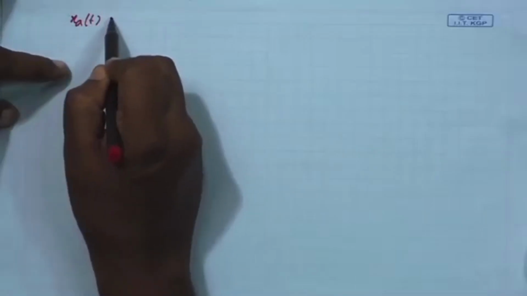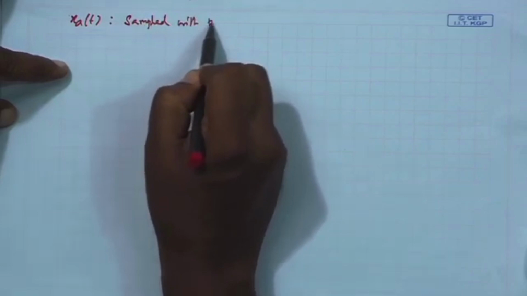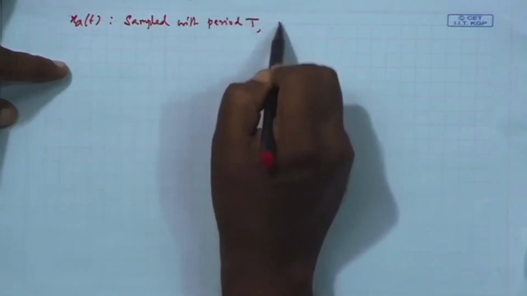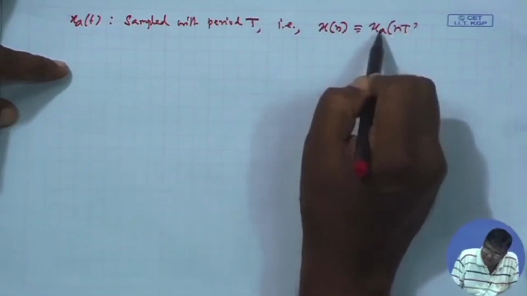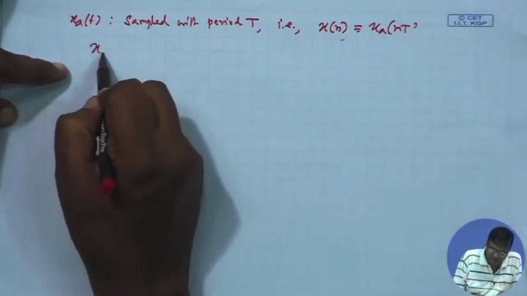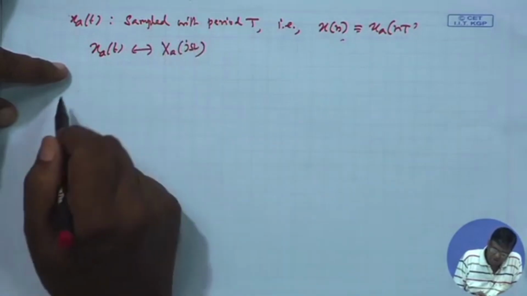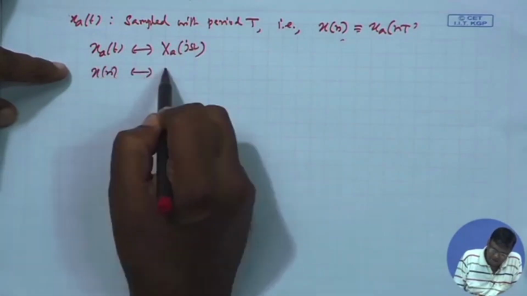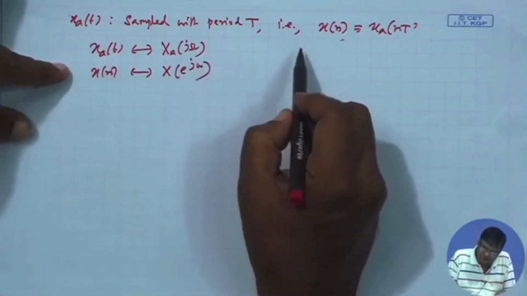The result which we derived was this, that if suppose x a t is sampled with period t, that is in a sample is x a n t, n times t, and that I call x n. X a t has got analog Fourier transform capital X a omega. X n has got a discrete Fourier transform capital X raised by j omega. Then we have established that they are related like this.